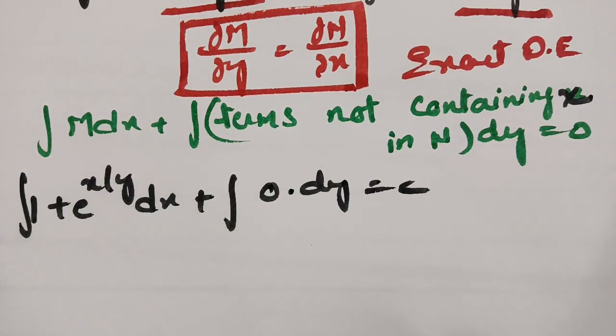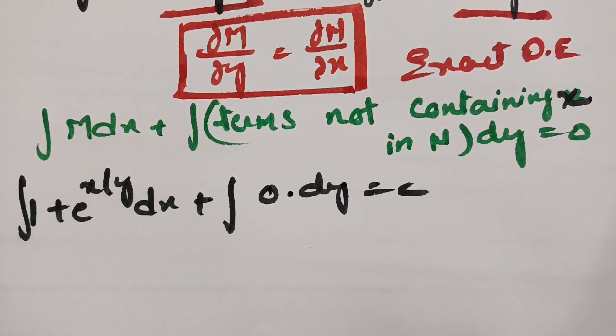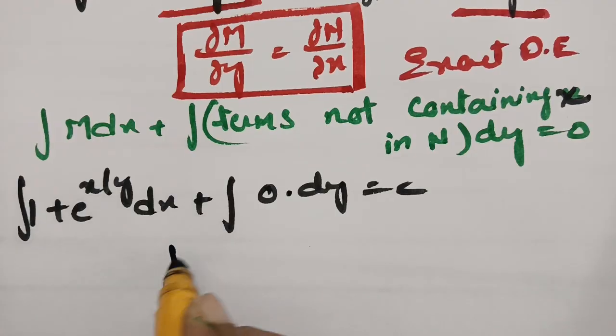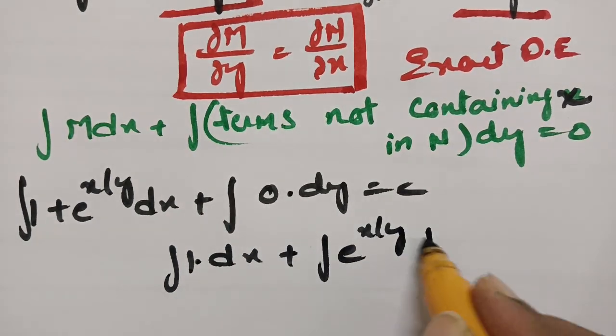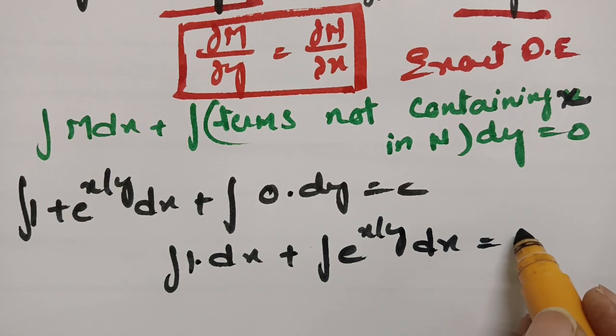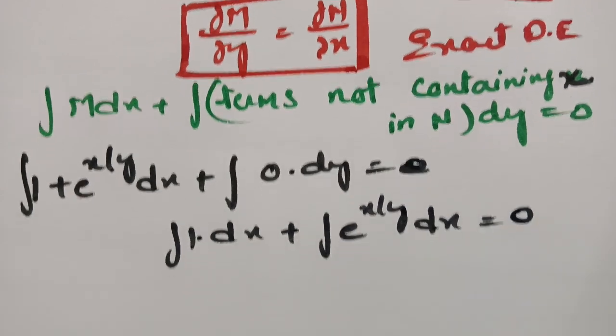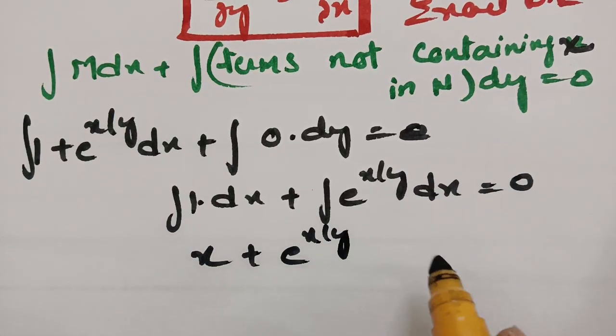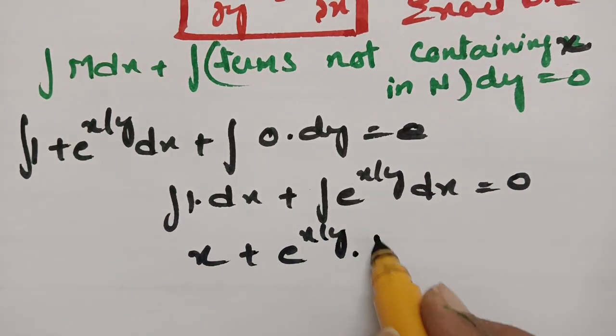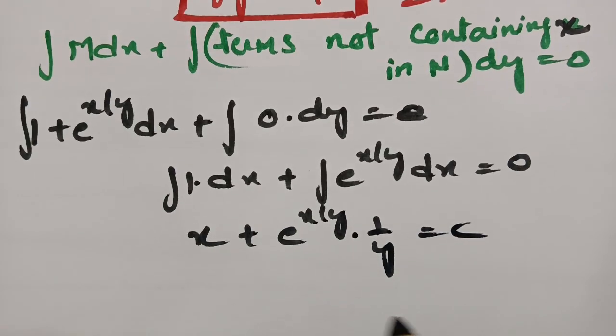And therefore if you observe this one, I have to make an integration, that is 1 into dx plus e power x by y into dx, which is equal to, the value here is 0. So 1, the value here is x, and for e power x by y, this is e power x by y. For x it is 1, therefore this is 1 by y, which is equal to c.